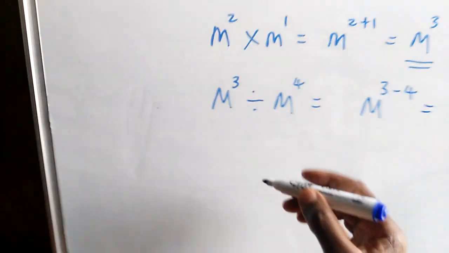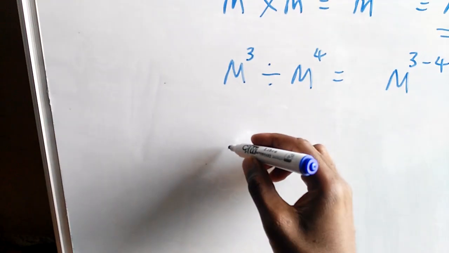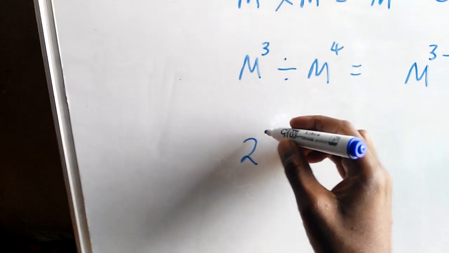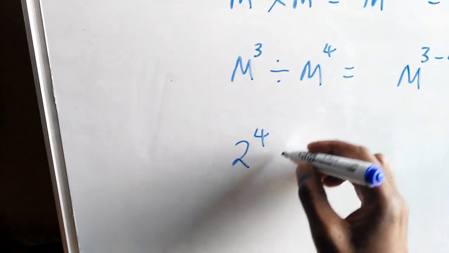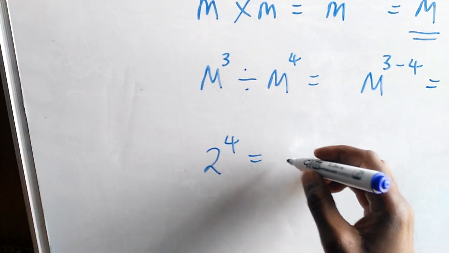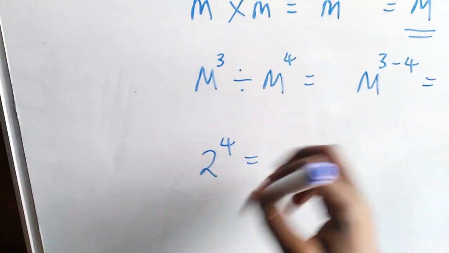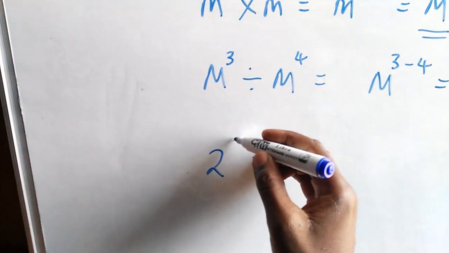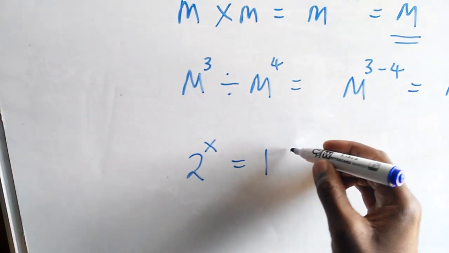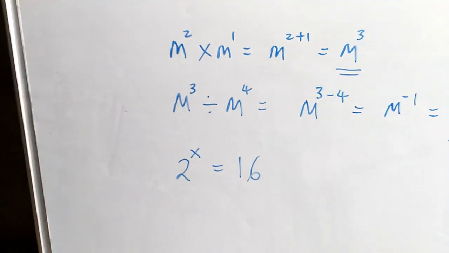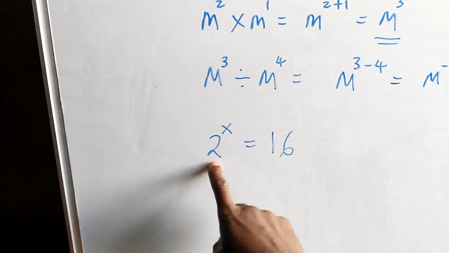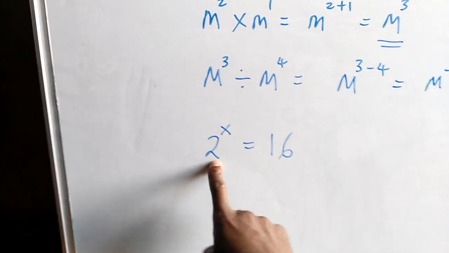exponents to logarithms. Suppose you said 2 to the power of x, so that we solve for x, is equal to 16. Remember such exponents? We could actually look at the common number here, 2.